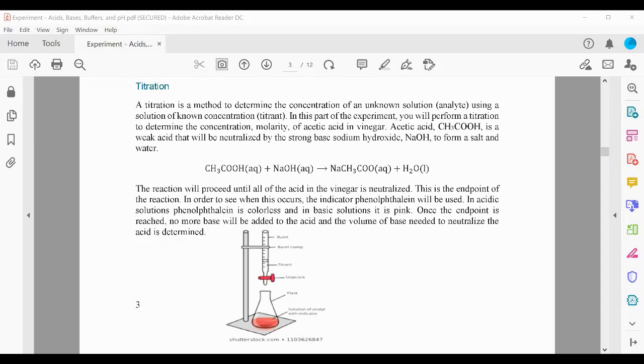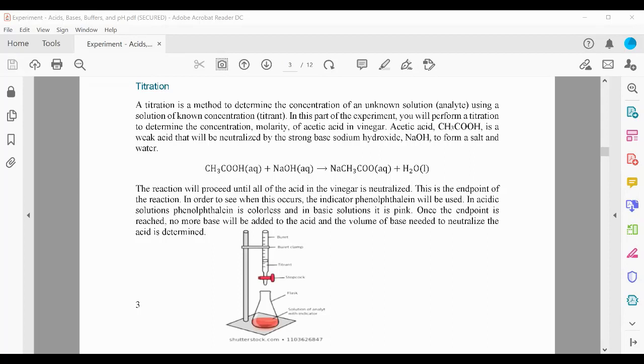So the moment the number of moles of the base is exactly equal to the number of moles of the acid, in this case we don't even have to say stoichiometrical, it's 1-to-1, the titration is complete, which means there is no more acid. And then we stop. So this is the theory.